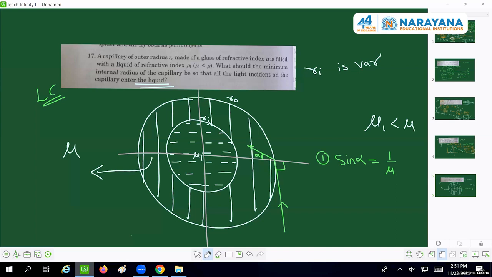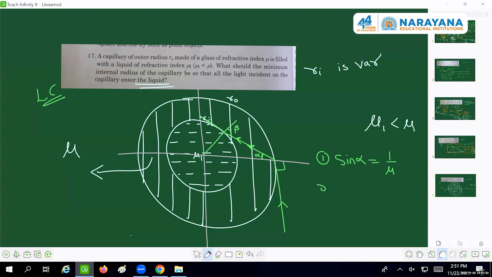Now, if this ray hits the surface, again it is moving from denser to rarer. And whatever angle it hits at, it becomes tangential. Or you can say, if this angle is beta, here it becomes tangential to the surface.